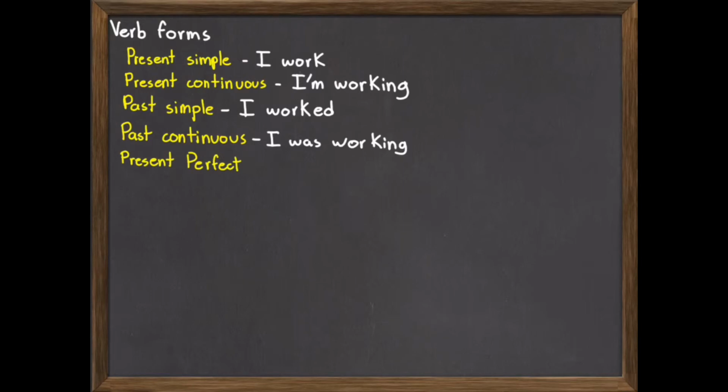Now, we also looked at the present perfect. We use the present perfect to talk about an unspecific time in the past. For example, I have worked. We do not say the specific time in the past when we worked.